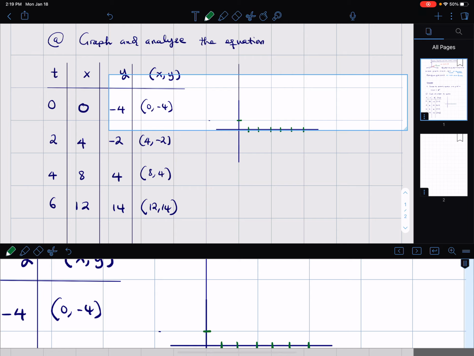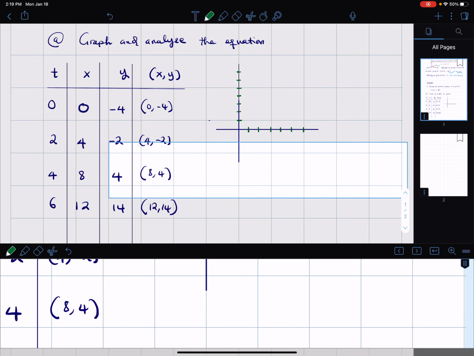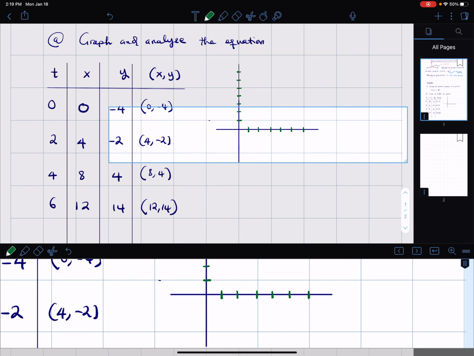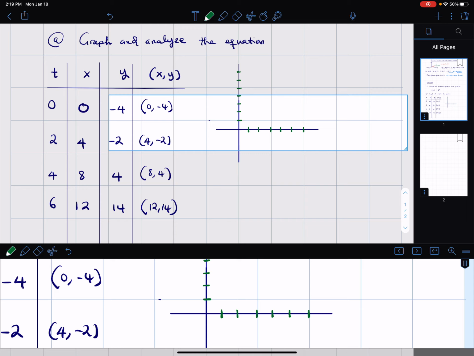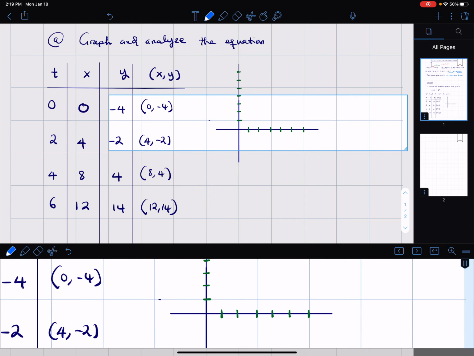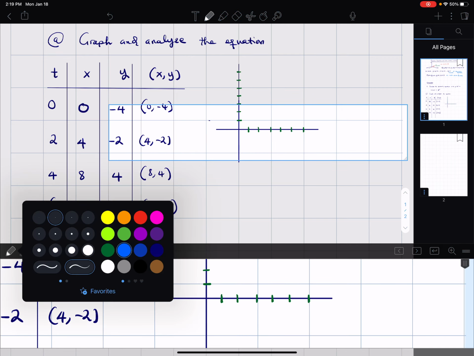This is 2. This is 4. This is 6. That is 8. That is 10. It's still weird. That's 12. That's 14. Good enough for me. All right. So when t is 0, x is 0 and y is negative 4.